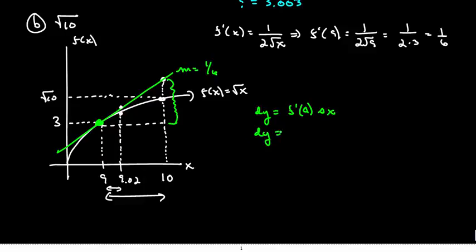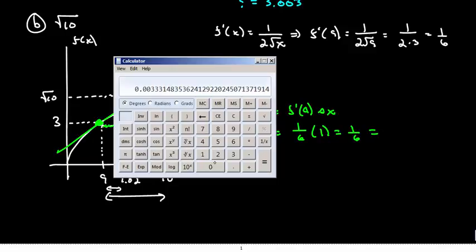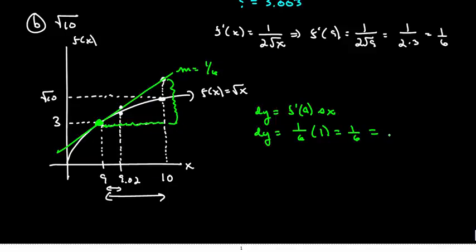So dy is equal to f prime at 9, which is 1/6, times delta x, which is the change in x, which is now this length right here. It's the length over the run, which is 1, so it's 1/6. And 1/6, guys, if I take 1 divided by 6, I get 0.16 repeating.